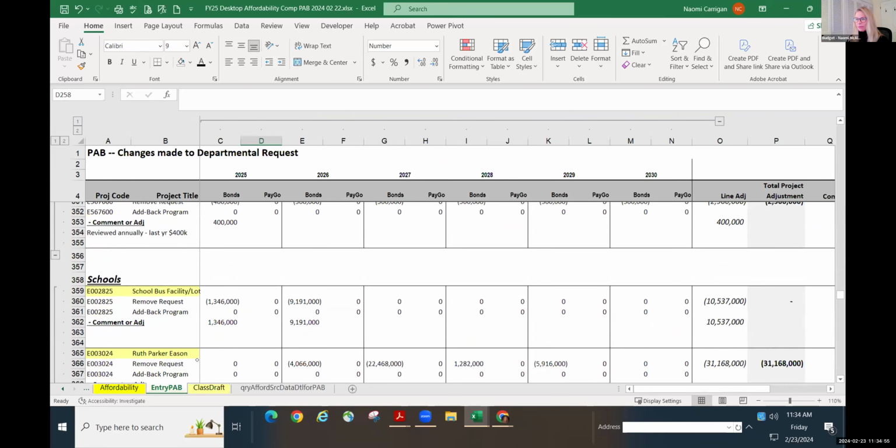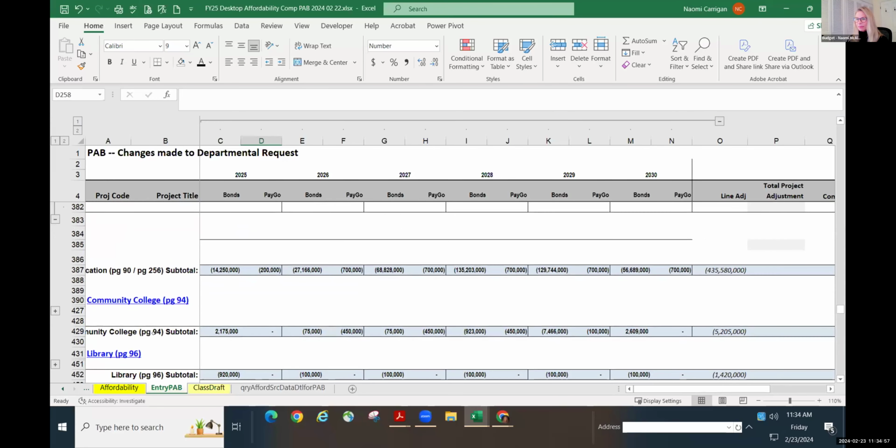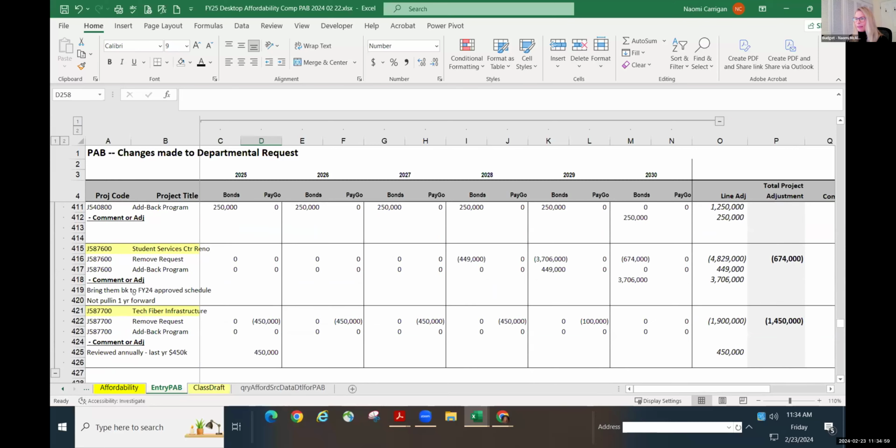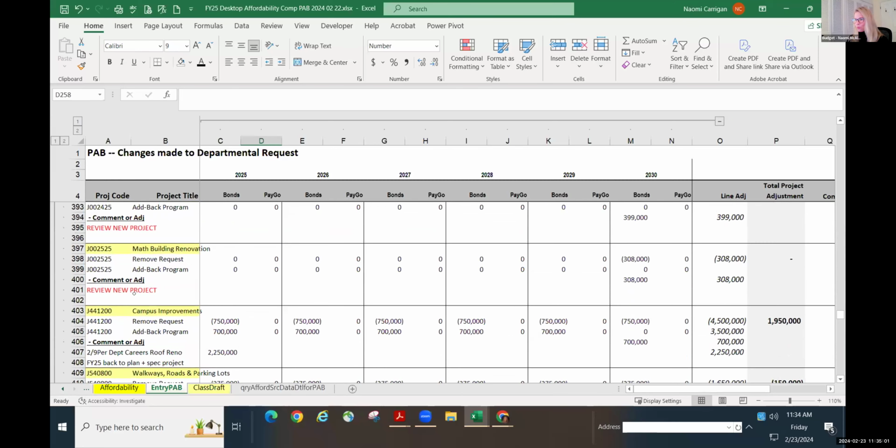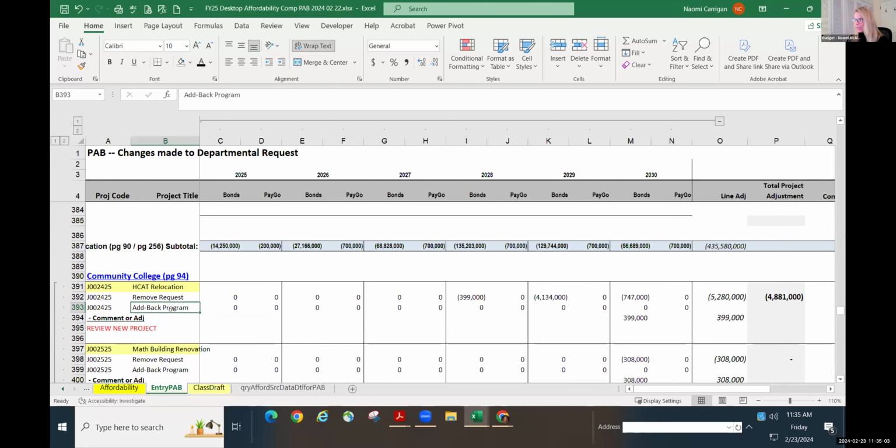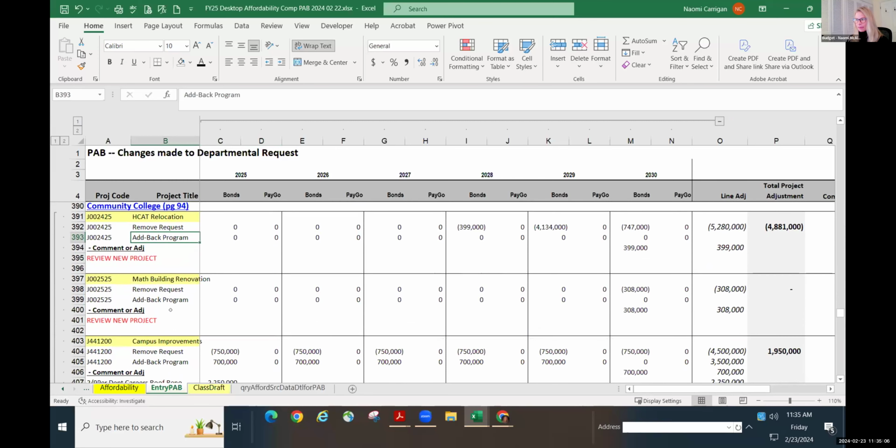Okay, so we cut the HCAT. We gave them the math building renovation, but that was in fiscal year 30. We could remove that and just have them come back next year.